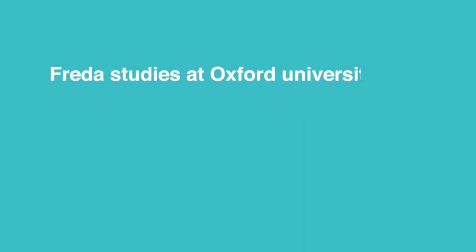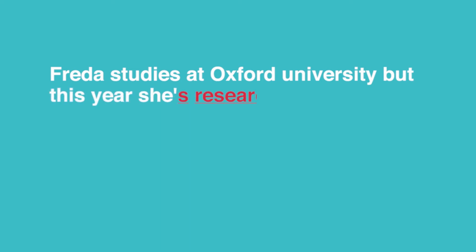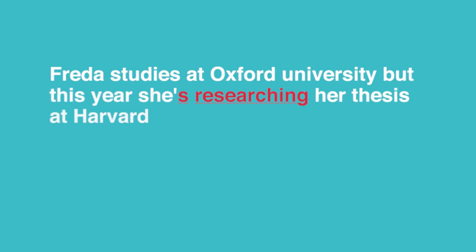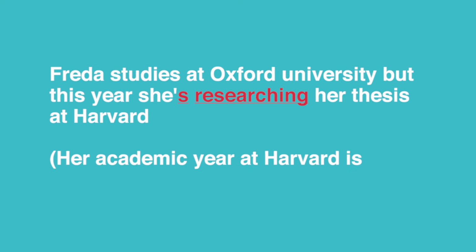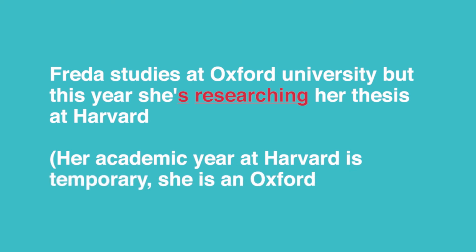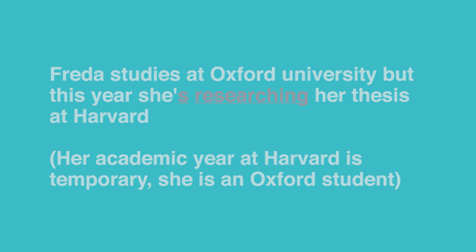Here are some more examples. Frida studies at Oxford University, but this year she's researching her thesis at Harvard in the United States. As she's still an Oxford student, her academic year at Harvard is considered to be temporary. Another example. They're currently travelling around Southeast Asia.